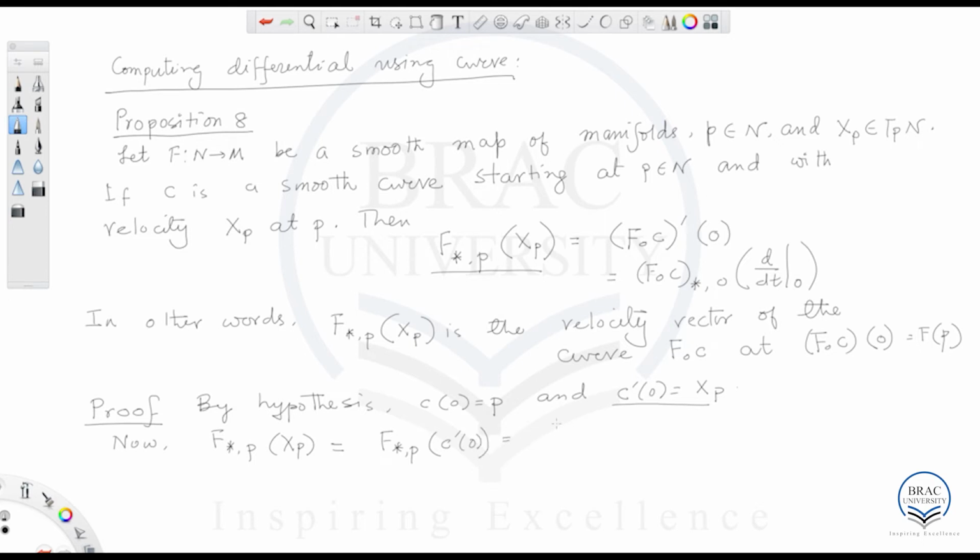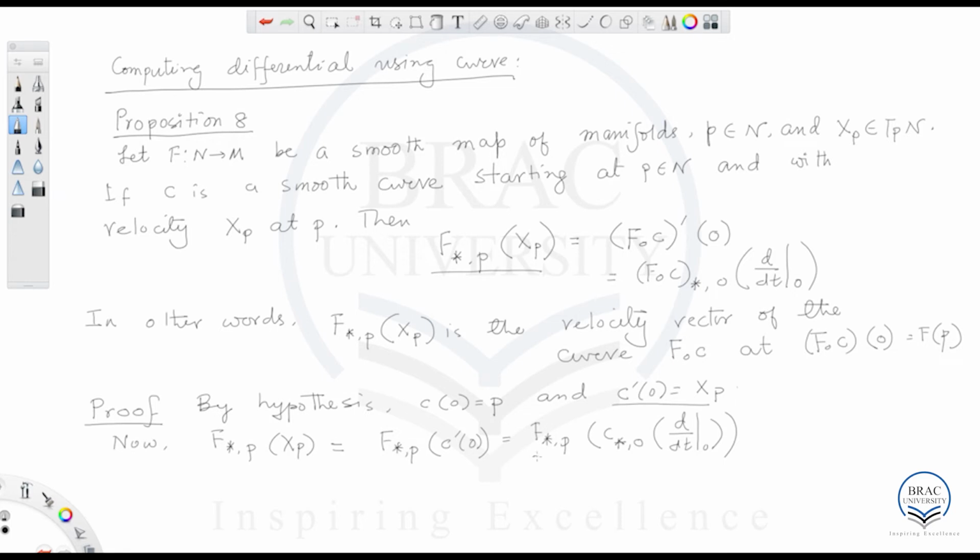And now I invoke the definition of velocity vector in terms of differential. This is equal to C star 0 acting on the tangent vector d dt 0, right?